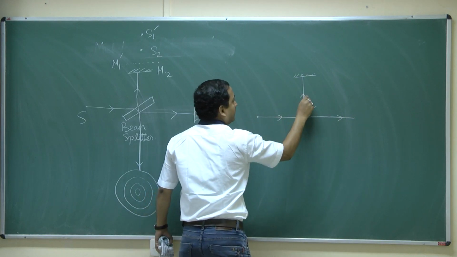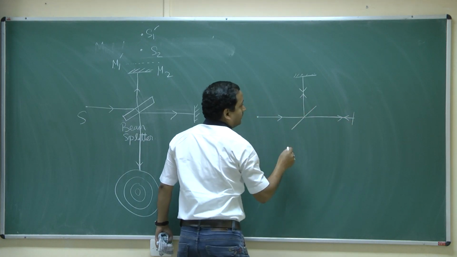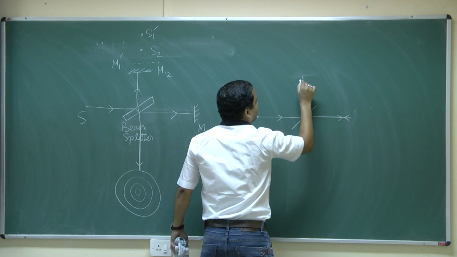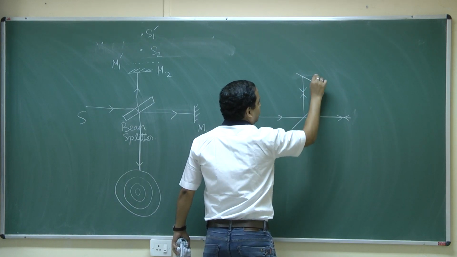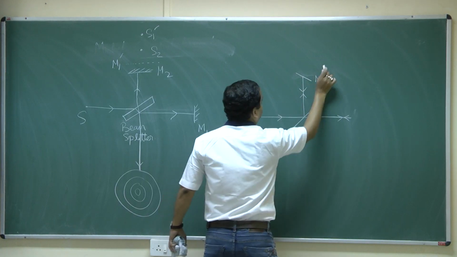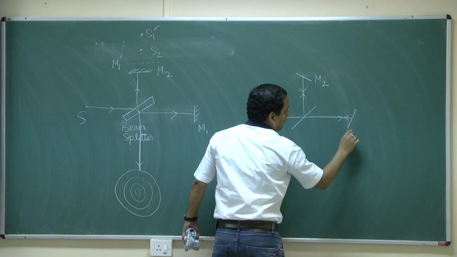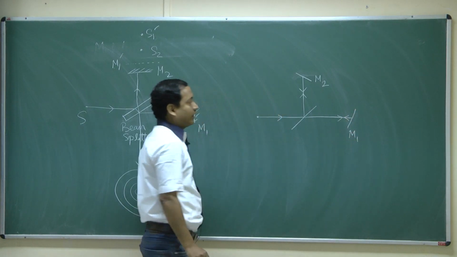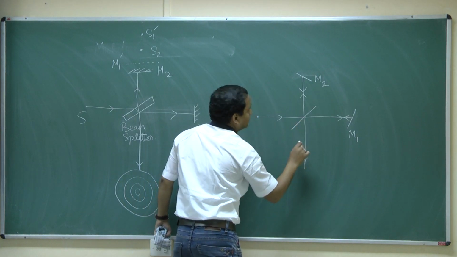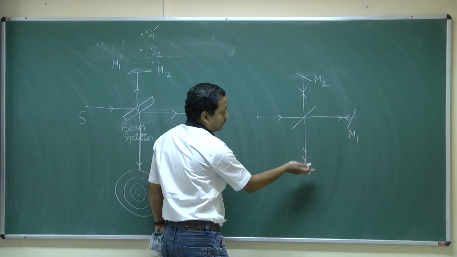So, you have a beam splitter here, which splits this beam again, but now they are not exactly perpendicular. So, this mirror may be tilted slightly, that is like M1, or in my earlier notation that's M2, and this mirror can be tilted slightly this way, so that's your M1, and again both of these rays would pass through the beam splitter and come to an observer here.